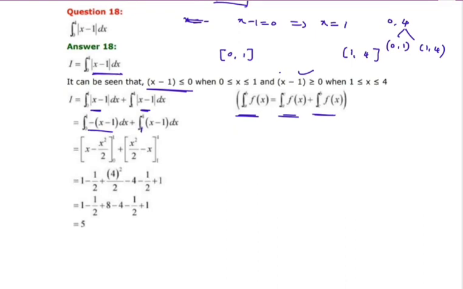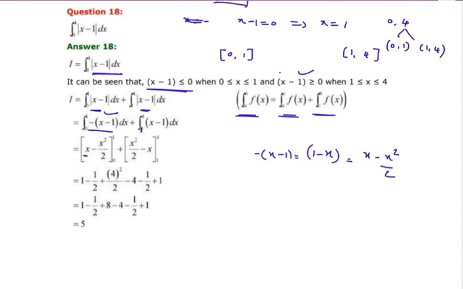Multiplying the minus inside, we get 1 minus x. So don't get confused: the integration of this is x minus x square by 2, right?